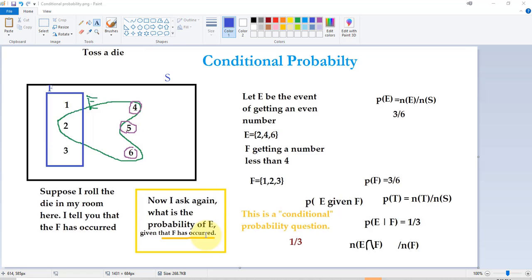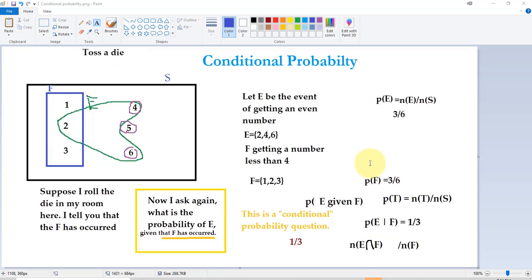So given that this condition has occurred, we're asked what's the probability of E. So this is a conditional probability problem, and the condition is here, F. So given F, what's the probability of E?